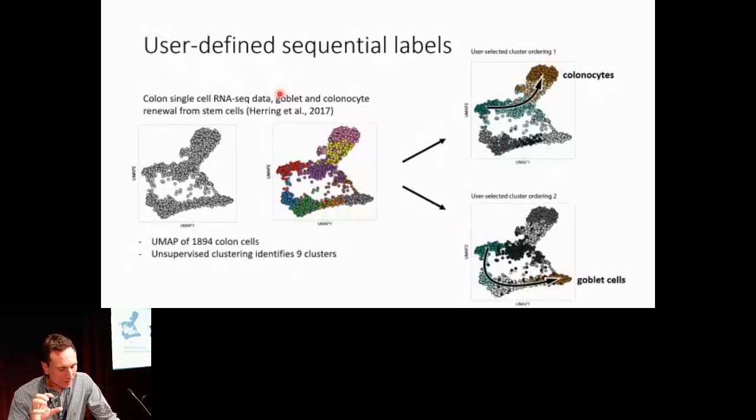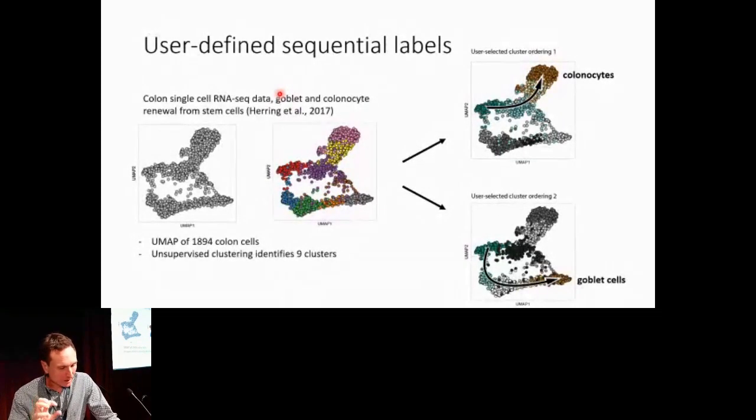And so an example that we looked at in our paper was a single-cell RNA sequencing data set of colon cells that recapitulate the differentiation of stem cells in the respective epithelia to colonocytes and goblet cells.